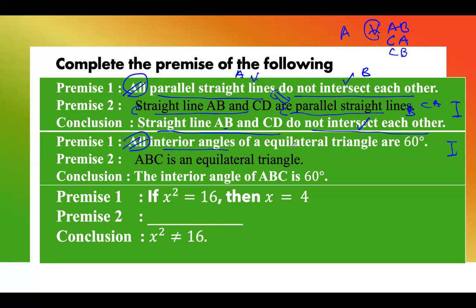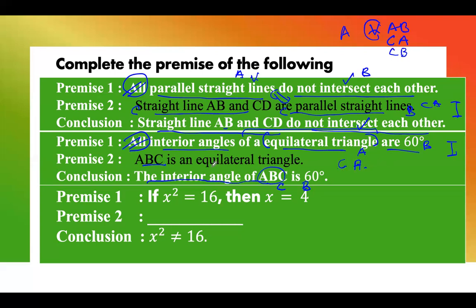This is the interior angle of an equilateral triangle, 60. You need to know where is your A, where is your B. Here is our A, and the whole thing here is B. The interior angle of ABC is C, here is B. So C is A. Where is C is A?